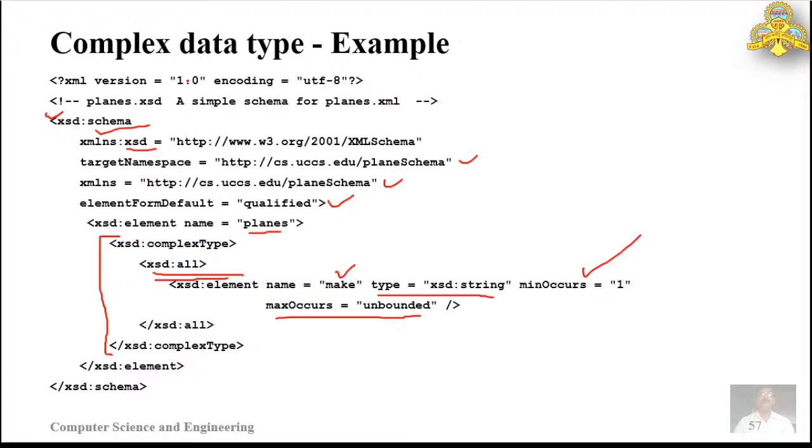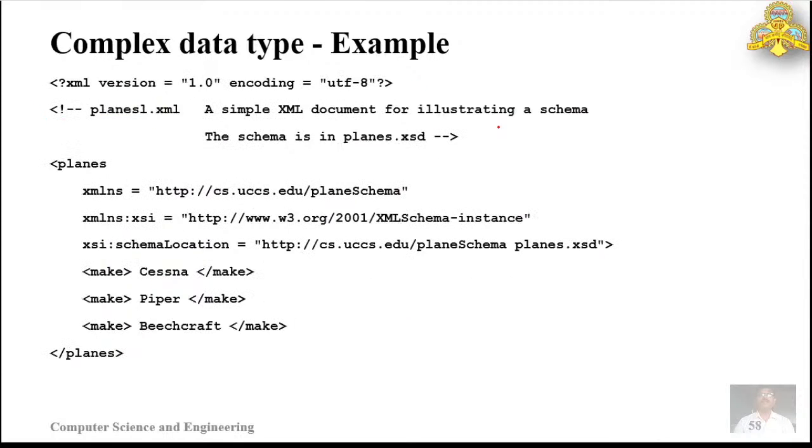Let's go back. So this is the planes.xsd schema definition for the file planes.xsd. And here is the XML file, planes.xml, and here the schema XML namespace is provided and xsi is explained, and the schema location is provided, that is planes.xsd.